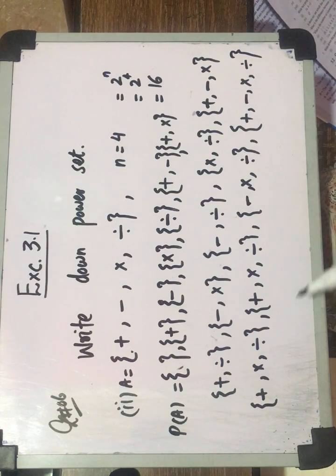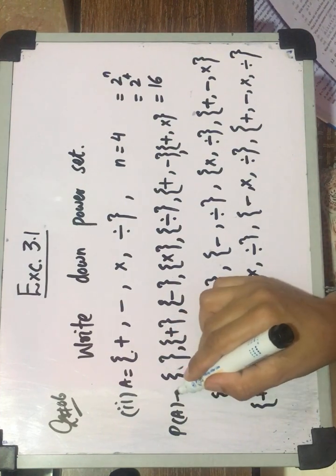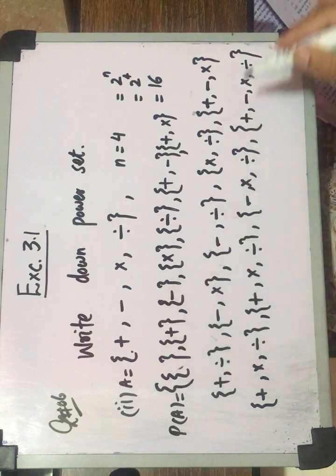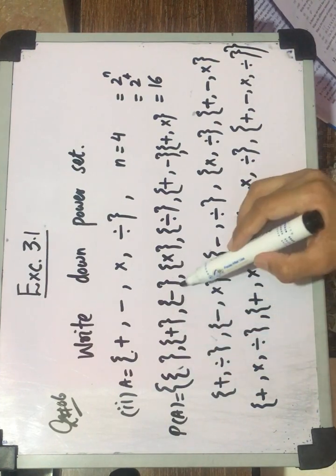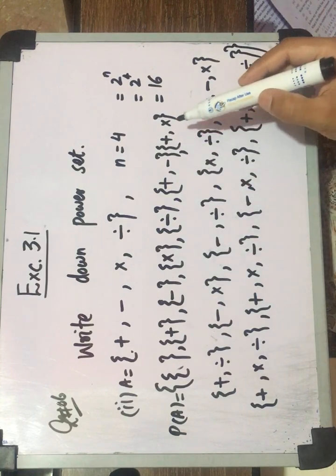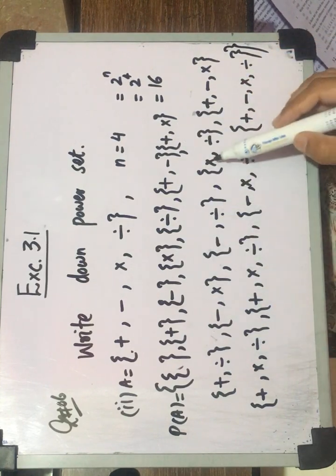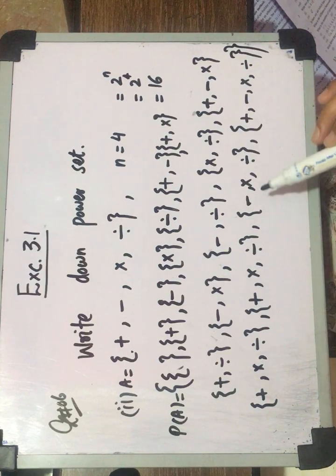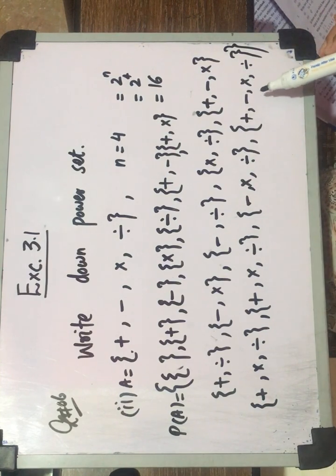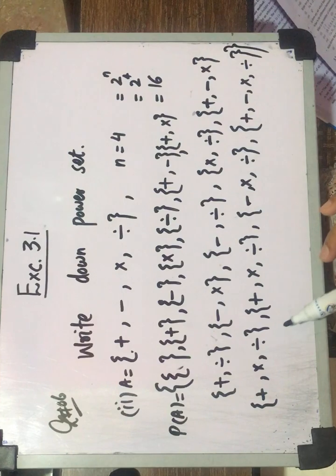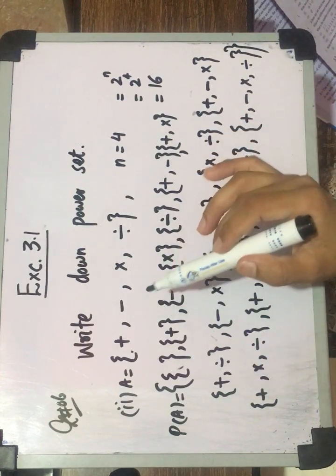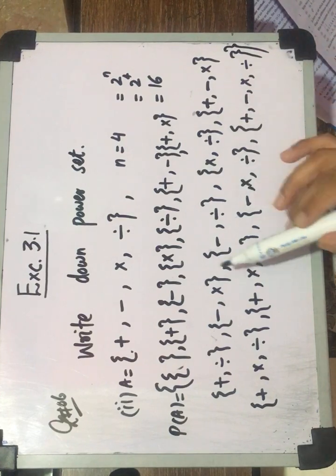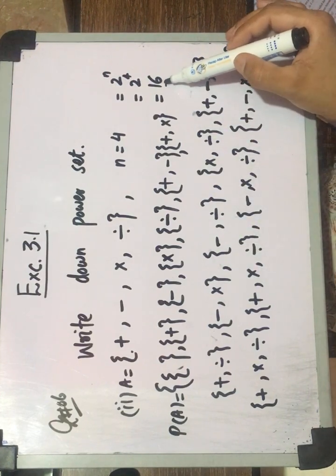Okay, let's count these. First of all, close them in a bracket. 1, 2, 3, 4, 5, 6, 7, 8, 9, 10, 11, 12, 13, 14, 15 and 16. These are all the subsets and power sets of this set, and the number of sets is 16.